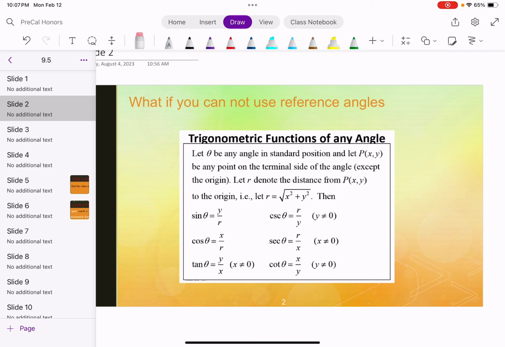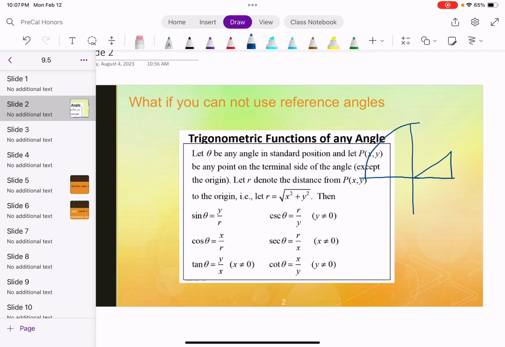So as we look to the very common triangle that we are used to, ultimately what we are doing is turning this into a circle.